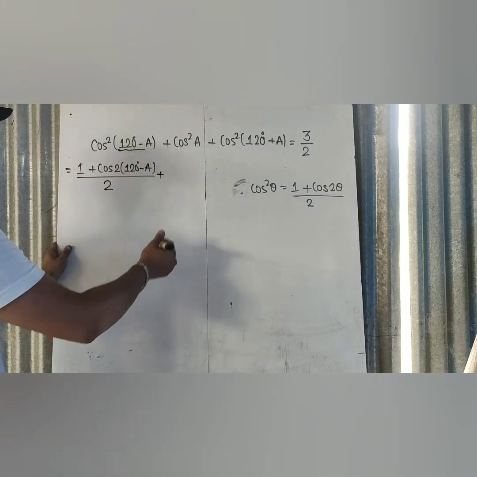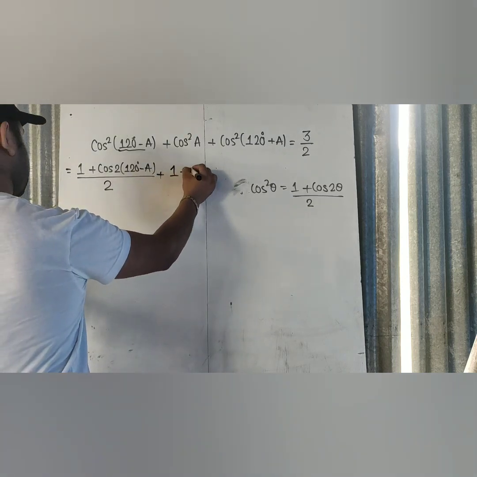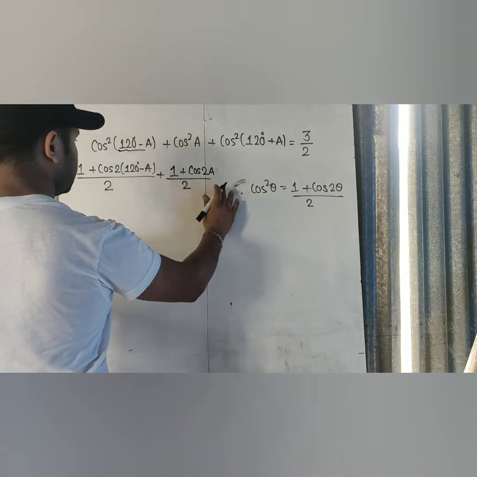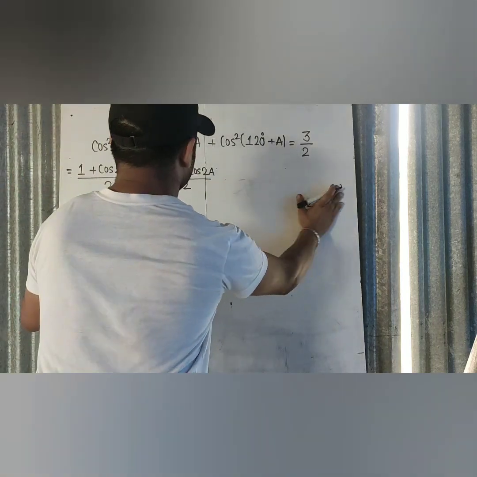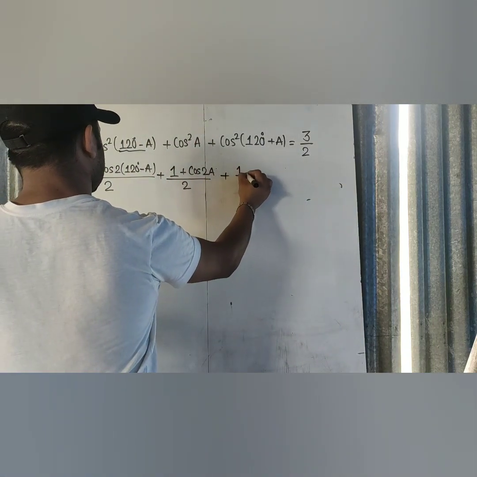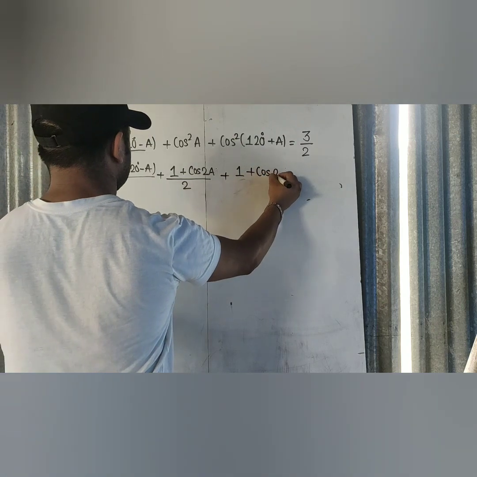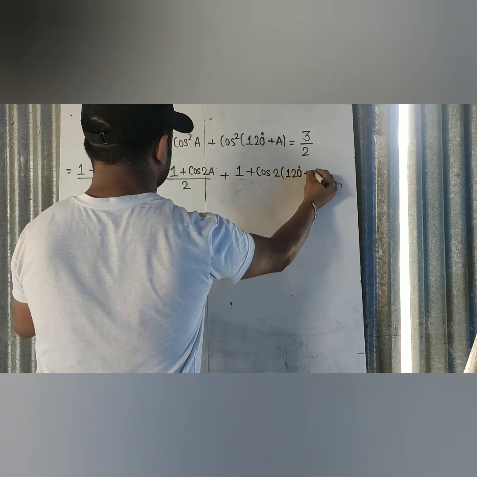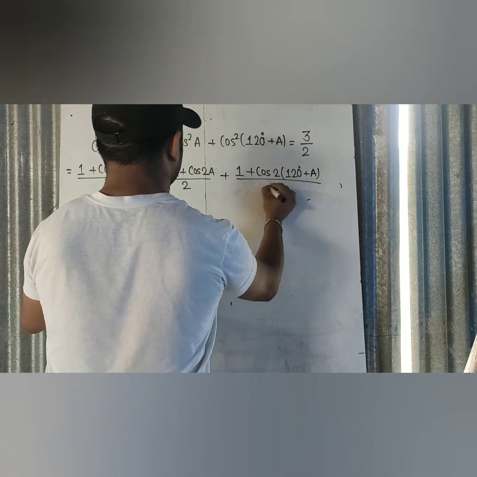Now here also cos square A is 1 plus cos 2a by 2. Again cos square 120 plus theta, 1 plus cos 2 into 120 plus a by 2.